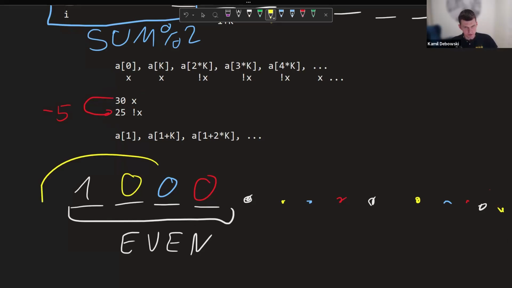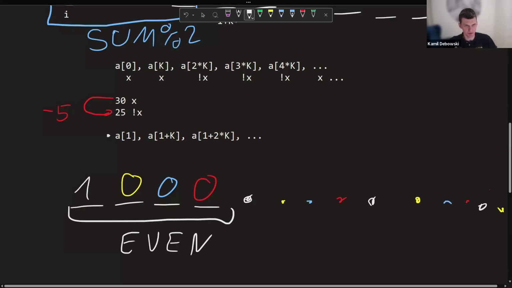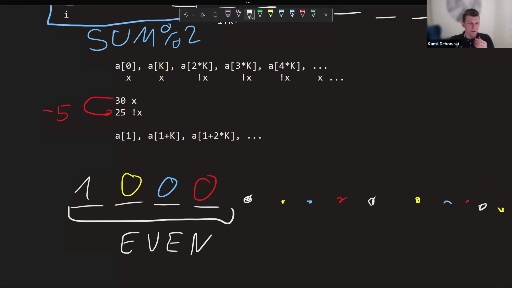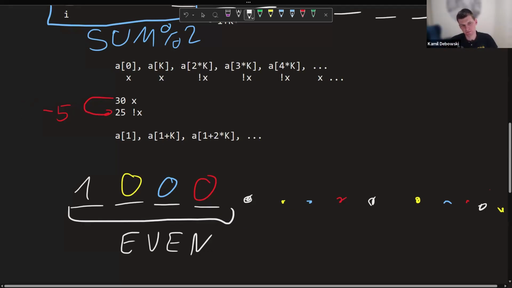So for each of those K first bits, I need to figure out the bigger number among the X and not X in its connected component. So among indices I plus K, I plus 2K, and so on. But also I keep track of by how much the answer drops if I decide to flip my decision.